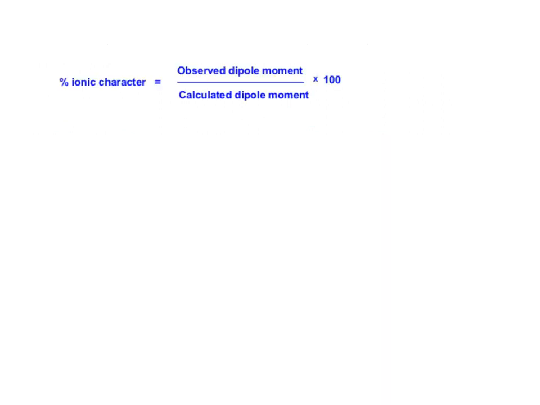The percentage of ionic character is equal to the observed dipole moment divided by the calculated dipole moment, into 100. How much have we observed? 1.07 D. And how much did we get in the calculation? 6.05, into 100.